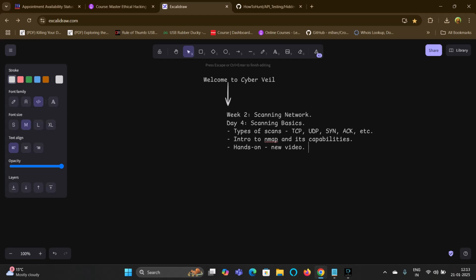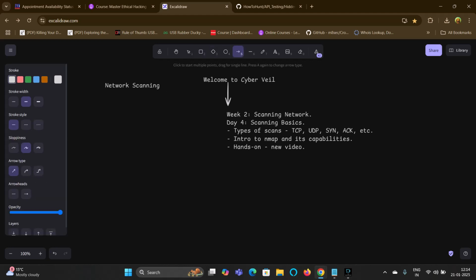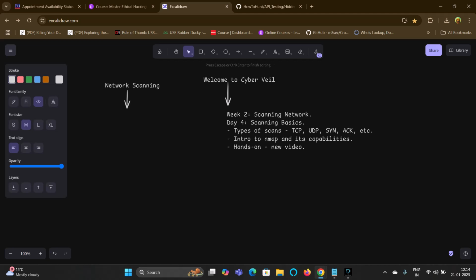Before I proceed further with the definitions and the types and the scanning basics, we are first going to discuss what network scanning actually is. As the word itself states, it is the scanning of the network. And why do we need to scan networks?